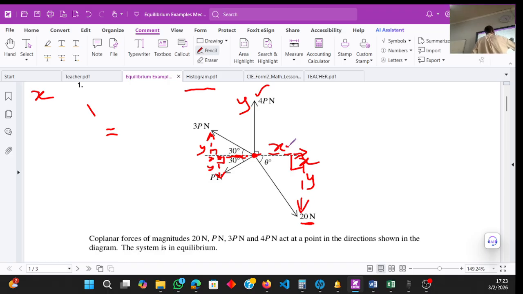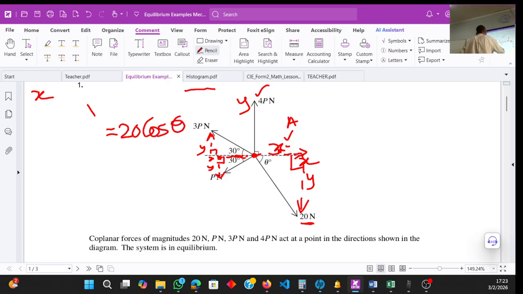I'm interested in the horizontal component, where from this right-angle triangle, this will be the adjacent side. So adjacent, according to trigonometric functions, cosine, sine, and tan. When you want to implement them on a right-angle triangle, then the adjacent works with the trigonometric function cos. So this component is going to be 20 cos theta.